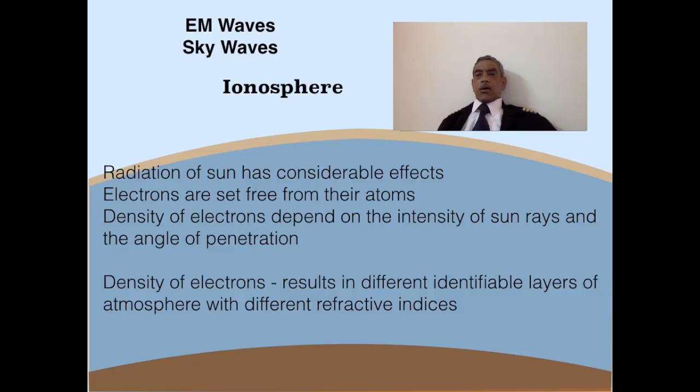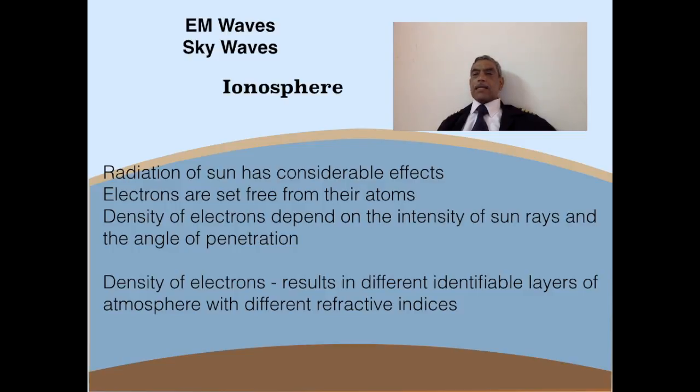Okay, let's proceed further. We will talk about those waves which travel in the sky, that is, the sky waves. Now, the radiation of the sun has considerable effects on the property of the atmosphere. That's what we learned, right? That means that in the diffused atmosphere existing at a higher level, when the sun activity is higher, the electrons are set free from their atoms.